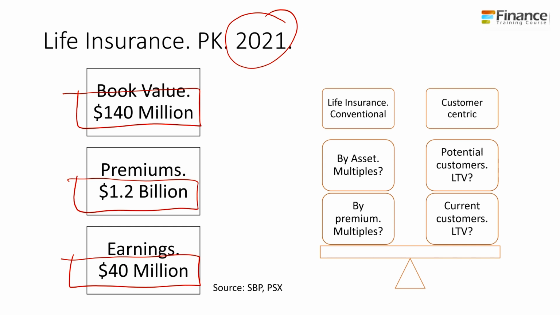This perspective is also very important for a couple of reasons that we'll touch upon right towards the end of this class. When I say book value, it is the book value of shareholders' equity. So the book value of shareholders' equity of all the insurance companies in the Pakistani market as of 2021 was 140 million.